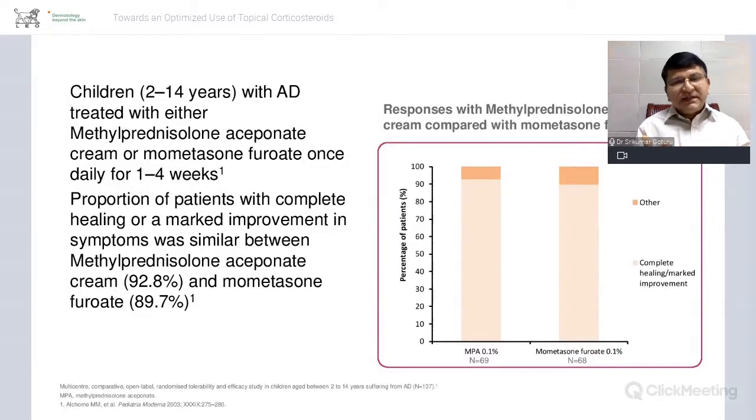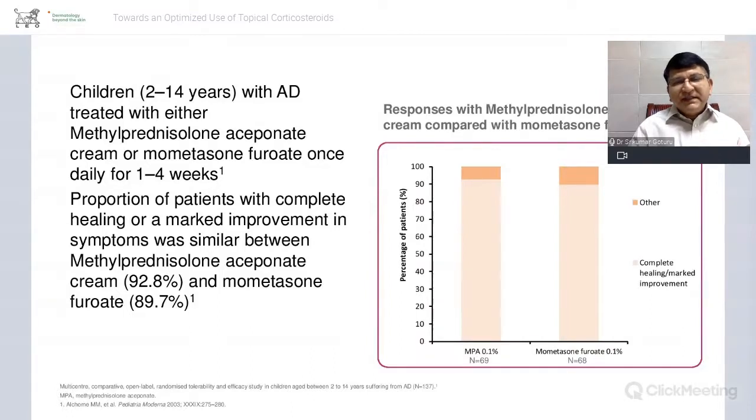So if you look at the efficacy and compare methylprednisolone aceponate and mometasone furoate, an open label trial, I believe, was done. In this, you can see the responses with methylprednisolone aceponate compared to mometasone, and the percentage of patients who responded with a complete healing and marked improvement.